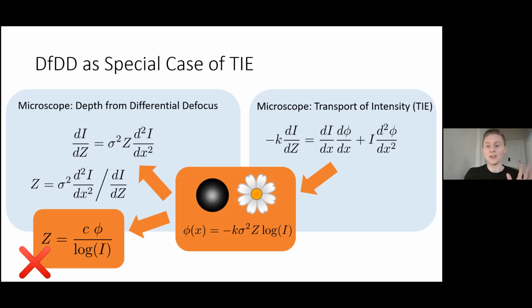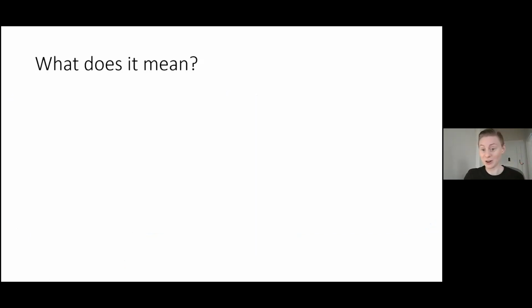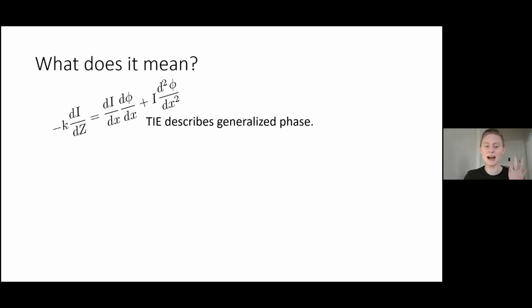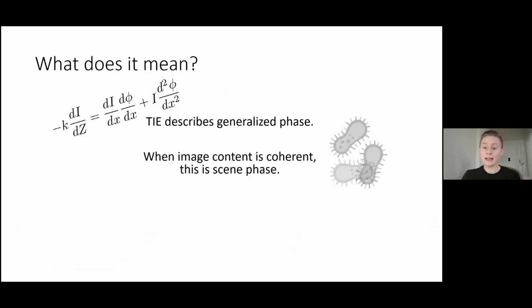Okay, that's a lot of math. What does it all mean? It means that you have this transport of intensity equation, and it describes the generalized phase. When the image content is coherent, when you have coherent illumination and you don't have anything fluorescing, you're just doing this standard phase microscopy piece, and that generalized phase that you recover is just the scene phase, right?